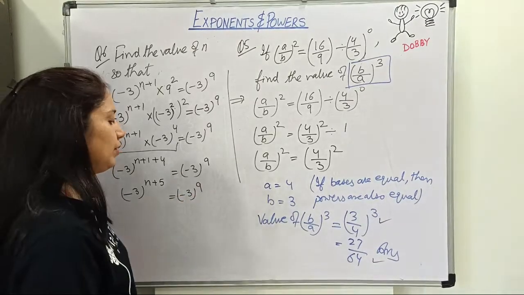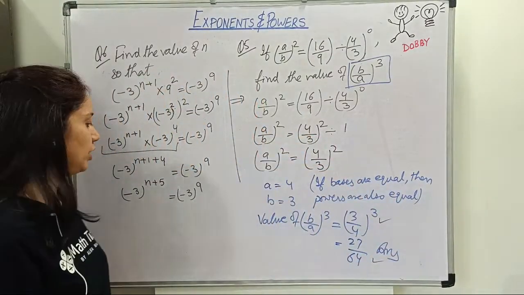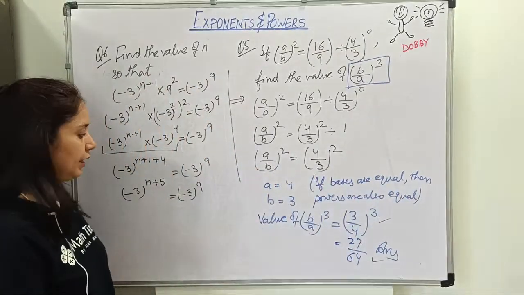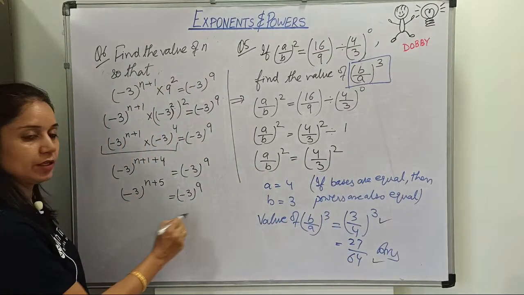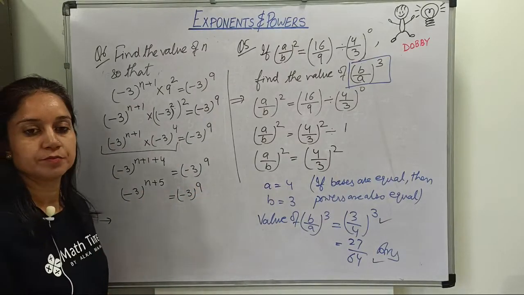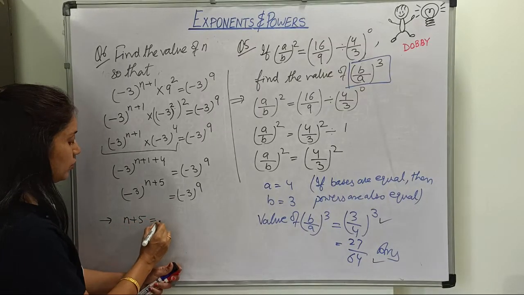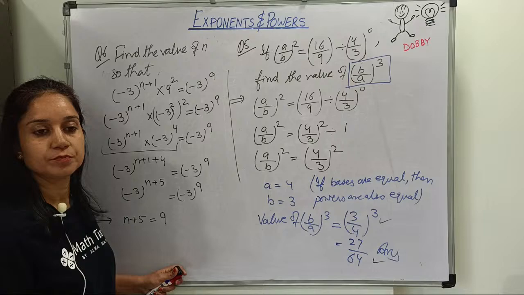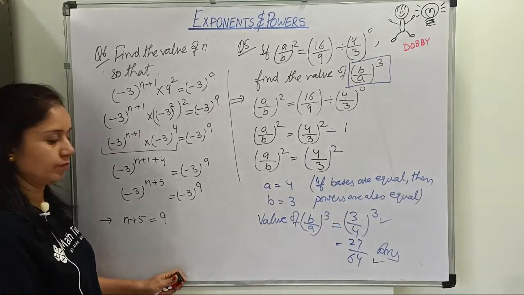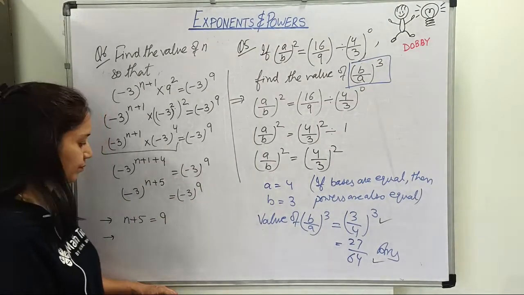Now this rule will be applicable: if powers are equal, bases are equal, and if bases are equal, powers are equal. Here the bases are equal, minus 3 and minus 3, so the powers are also equal. That means n plus 5 equals 9. The same rule is applicable every time we have to find the value of n.